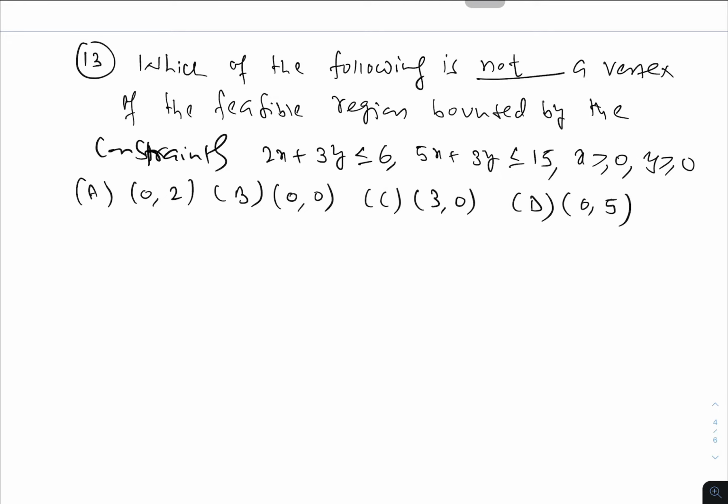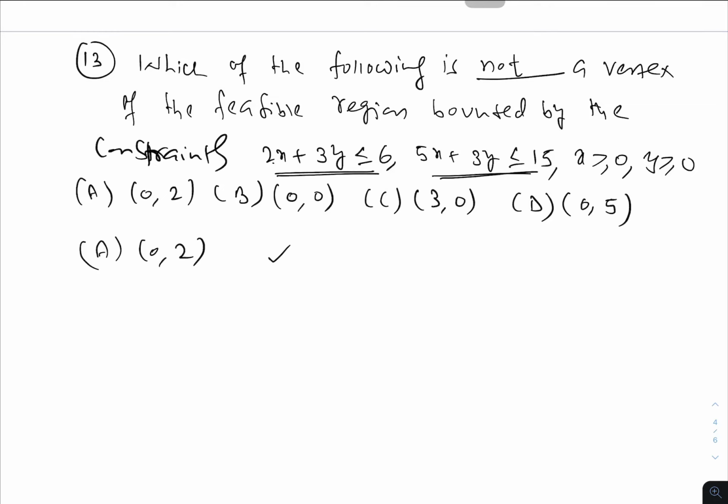So the question is which is not a vertex. That means which point does not satisfy all constraints simultaneously, that we need to see. So we can easily check one by one. Suppose I check for A, that is 0 2. If I put that in the first, 2x plus 3y less than or equal to 6 is satisfied: 2 into 0 plus 3 into 2 is 6, 6 less than or equal to 6, yes.